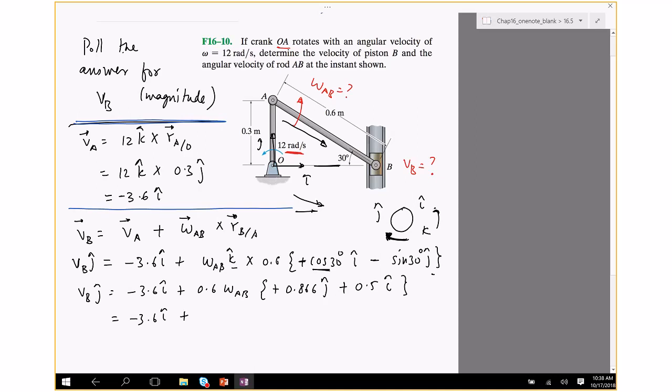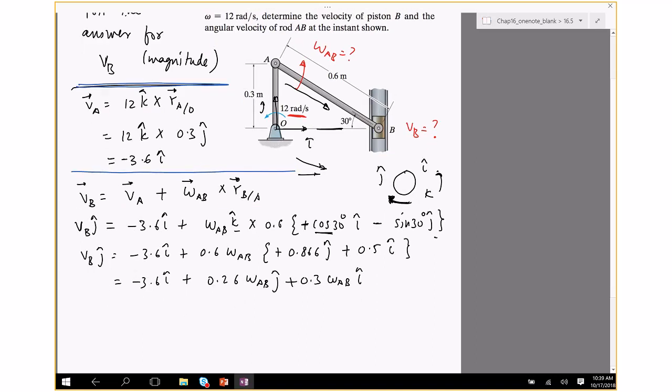0.866 and 0.3. 0.26 omega AB J plus 0.3 omega AB I. That's equal to VB J. So equate both sides, the left and right side, together. So we have VB equals, is that not right?